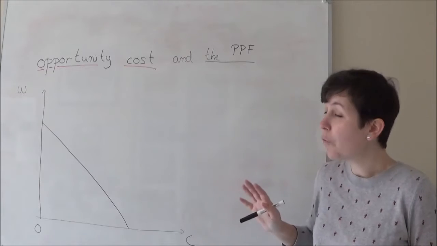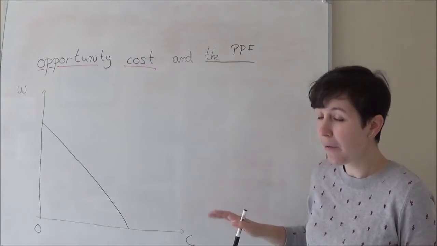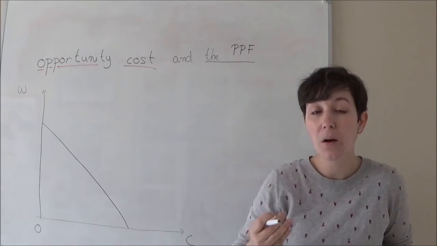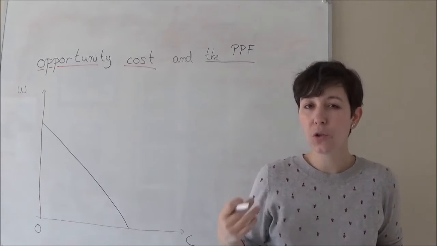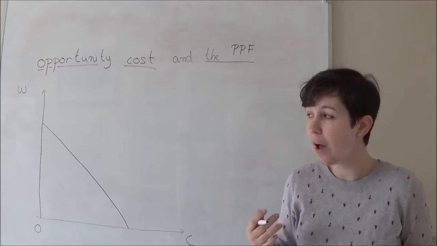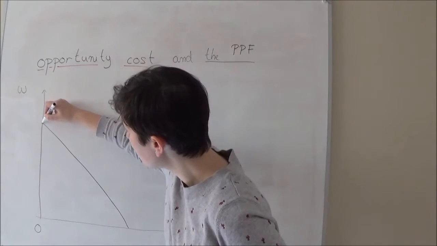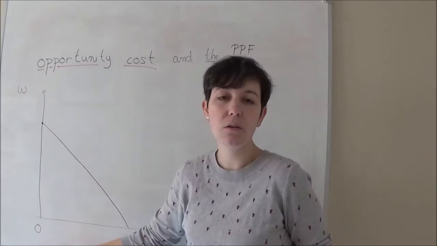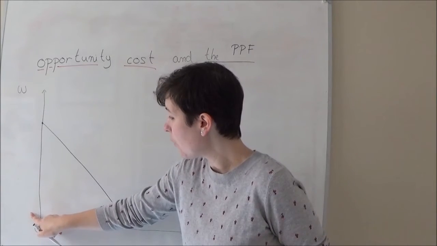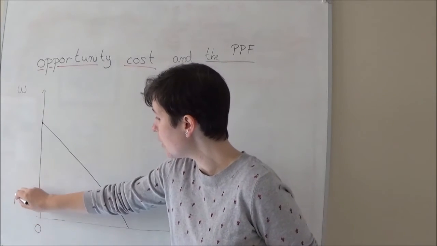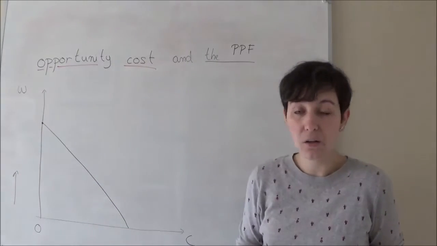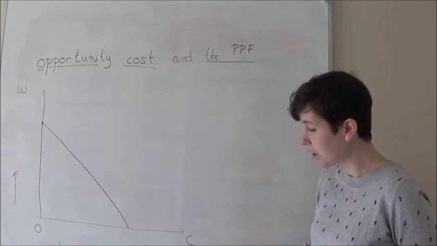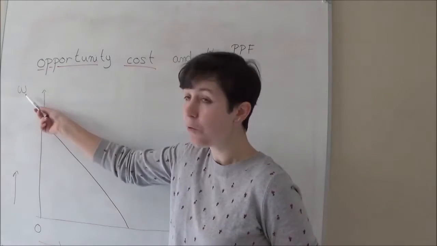So given this graph, if we just want to produce wine, the maximum amount of wine when we are using all the labor that we have is going to be this. Just keep in mind, this is a graph, so this is the 0,0 point. Going from here to here, we are getting higher values, and from here to here is also higher value, in this case for cheese, and here for wine.